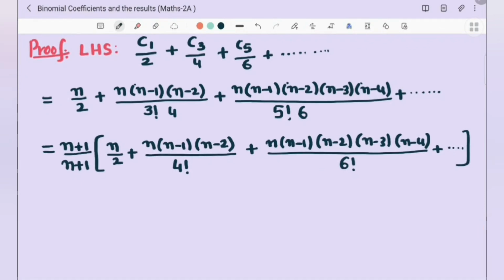After that, in the numerator, n plus 1 I am multiplying with each and every term of this bracket value.